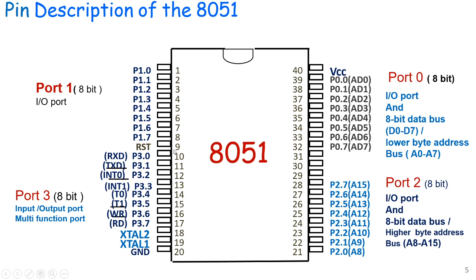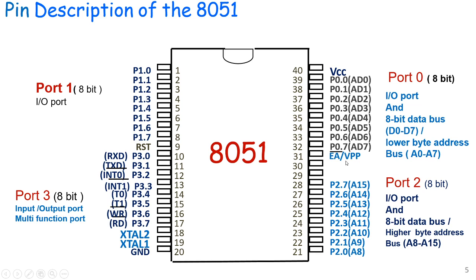Then the reset pin is pin number 9. When this reset pin is activated, the microcontroller generates the initial address, A0 to A7, A8 to A15. So a 16-bit initial address is generated when the reset pin is activated.